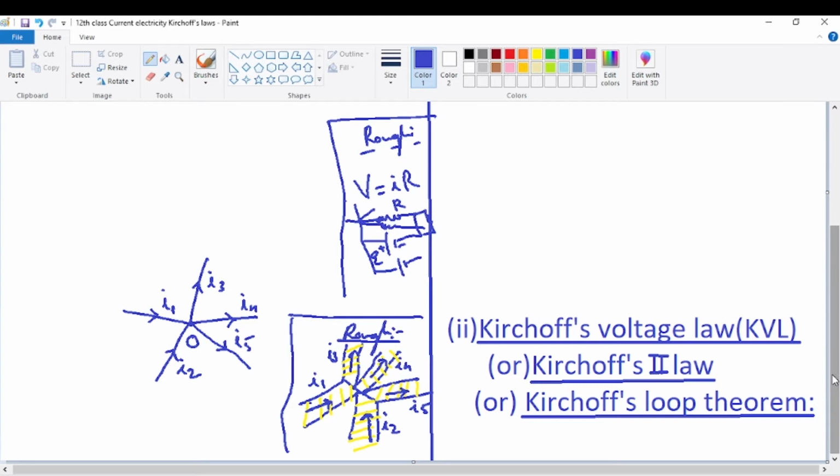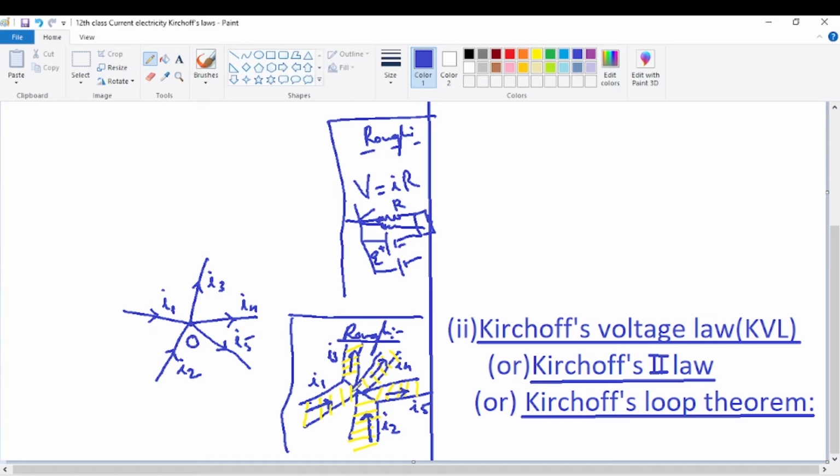Now, how to apply the law of conservation of charge? Observe that the current I1 is flowing into the big cross section, the total cross section of the first and second conductors together, and also the third, fourth and fifth conductors together.